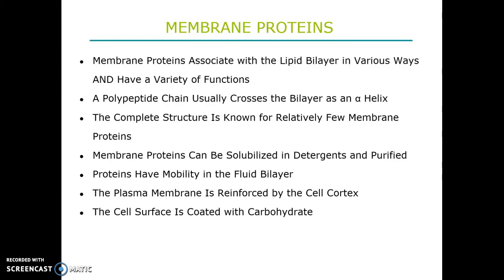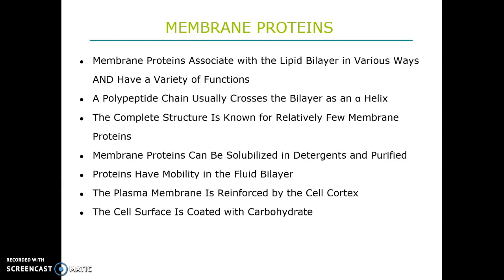They could be enzymes. Most of the ones that are integral membrane proteins are going to cross the bilayer using alpha helices. Alpha helix is the most common secondary structure for crossing the bilayer.